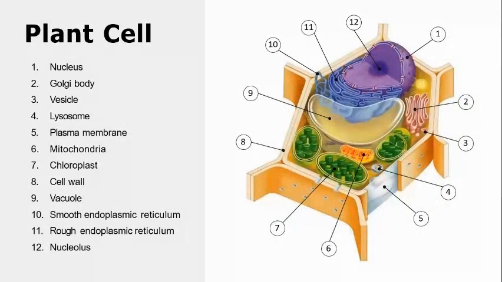For the plant cell, we have, of course, the nucleus, the Golgi body, the vesicle, the lysosome, the plasma membrane, the mitochondria, the chloroplast, the cell wall, the vacuole, the smooth ER and the rough ER, together with the nucleolus.